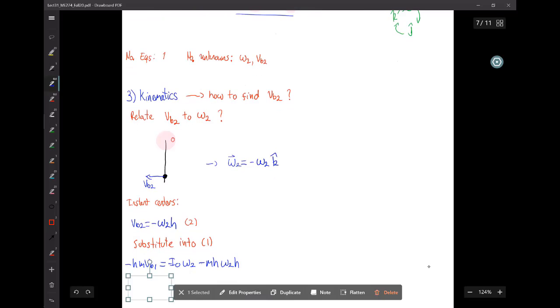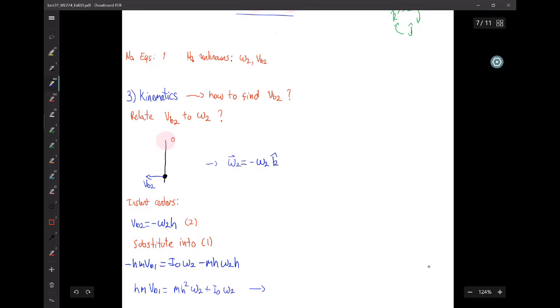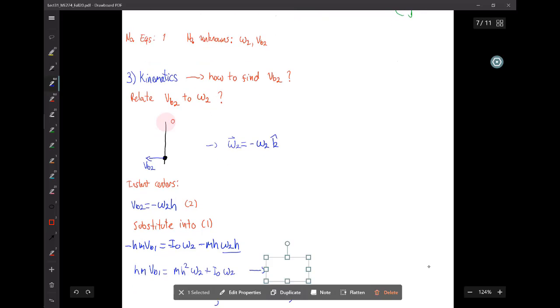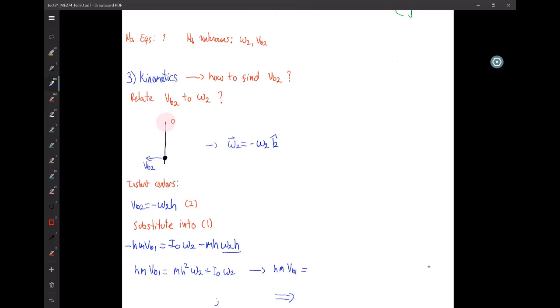I can factorize that and make it positive. So I substituted these here, right? So we got h squared. And then it's a matter of doing a little bit of algebra. We can just factorize, and we get that we have I_O plus m h squared, times omega 2. That is the result we have.